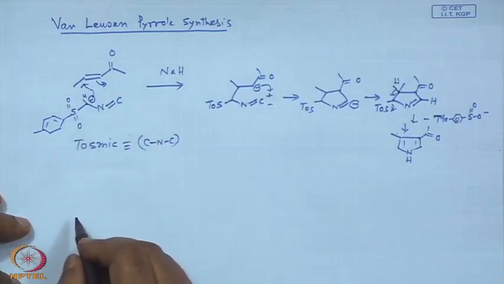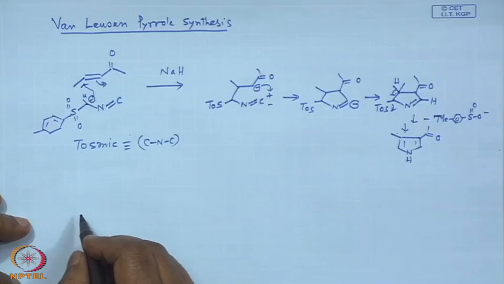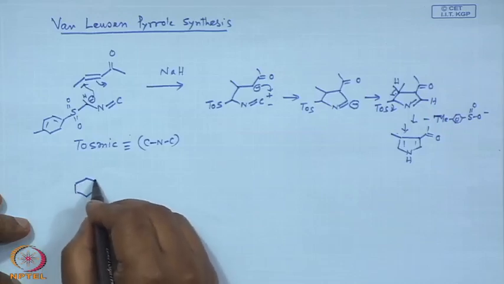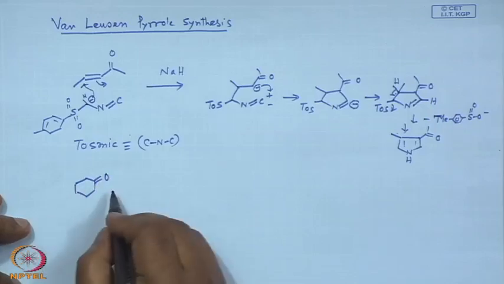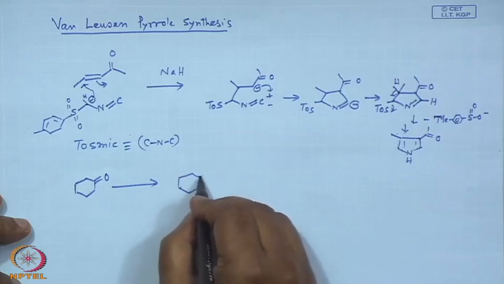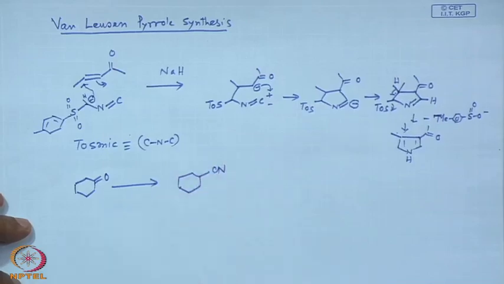I do not know whether you know or not, but in general it is a very useful compound in carbon chemistry. Let us say you have a ketone of this kind and you try to do the homologation and put a cyanide here, how do you do it? This is actually known as the Van Leusen reaction.